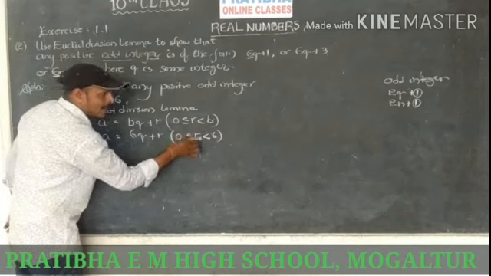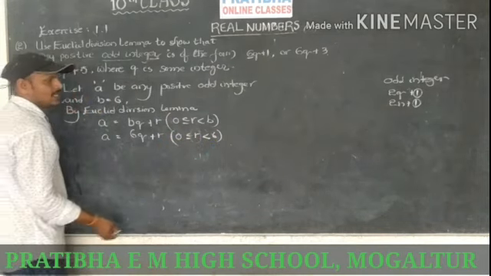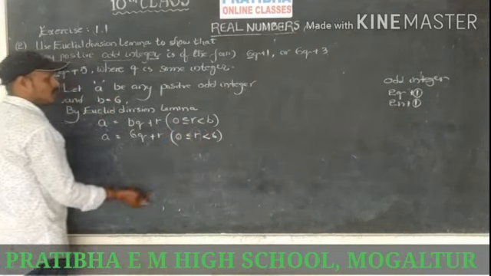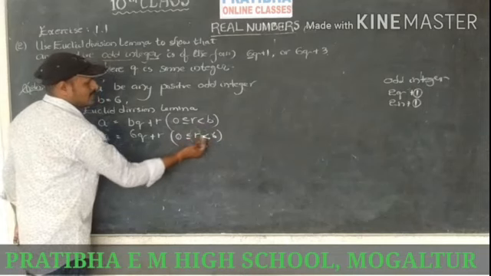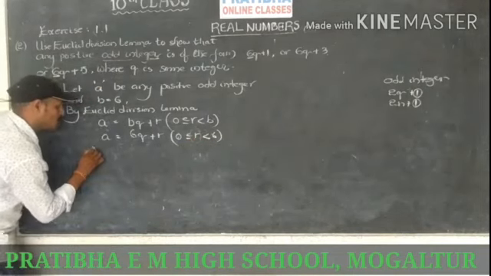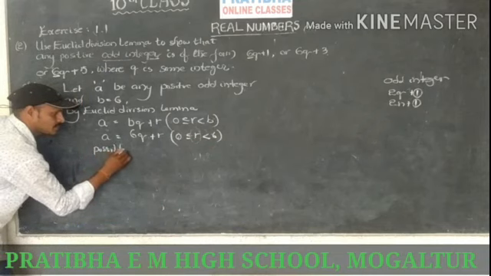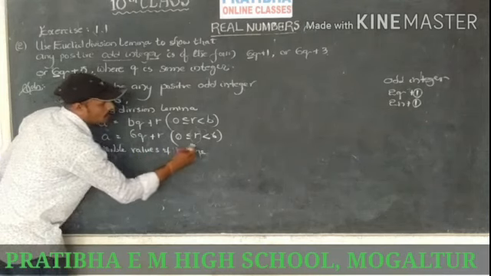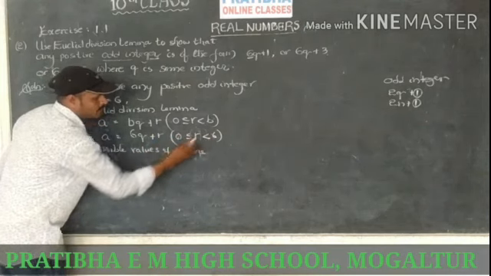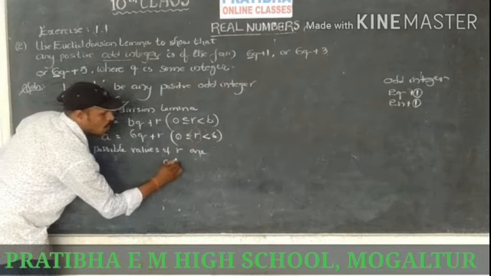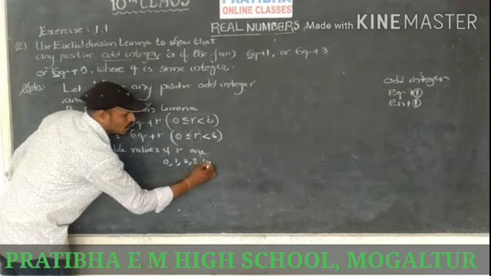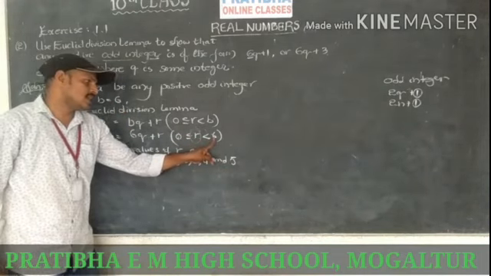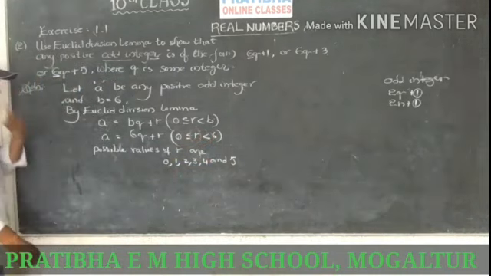That means the remainder r is always between 0 and 6, that means 0 to 5. The possible values of r are 0, 1, 2, 3, 4 and 5, because the remainder is always less than the divisor, that means 6.